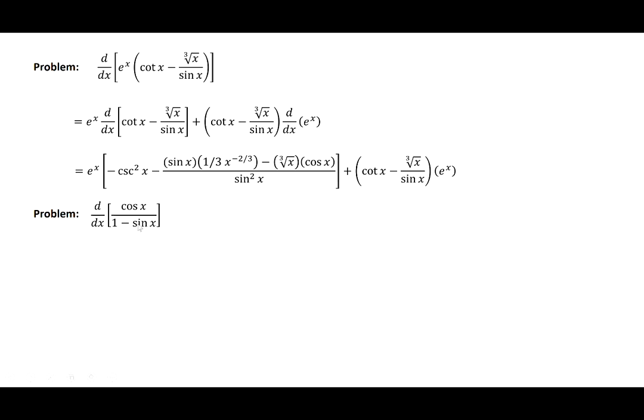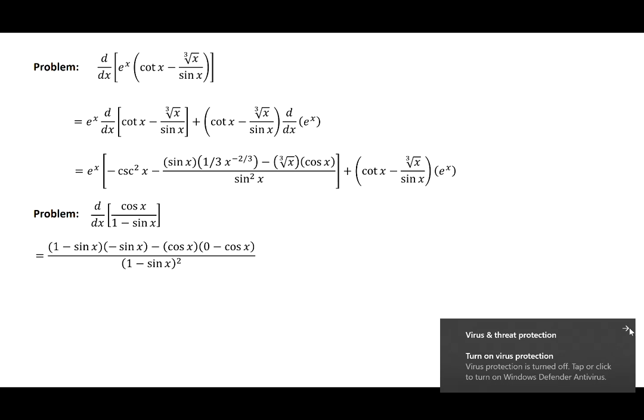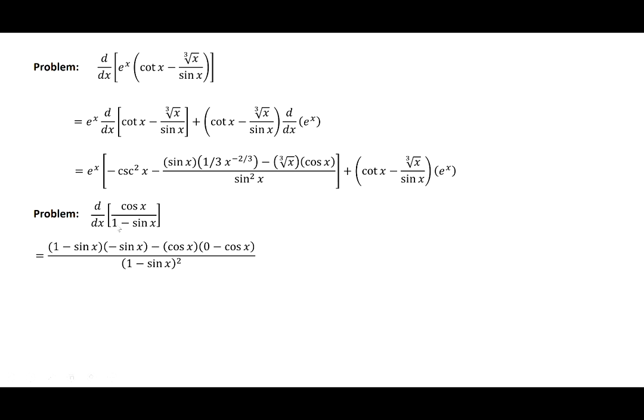Low, 1 minus sine x, times d high, the derivative of cosine x, which is negative sine x, minus high d low: high is cosine x, times d low, the derivative of the low. The derivative of 1 is 0, and the derivative of sine x is cosine x, so we have a minus, over the square of the denominator.